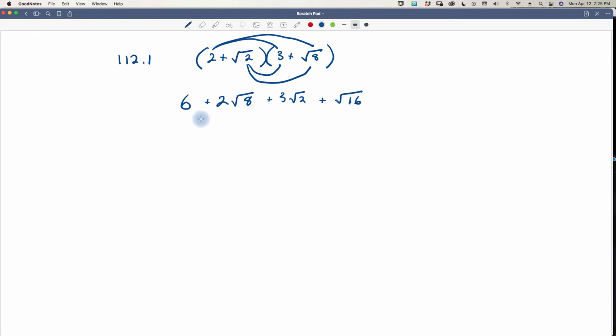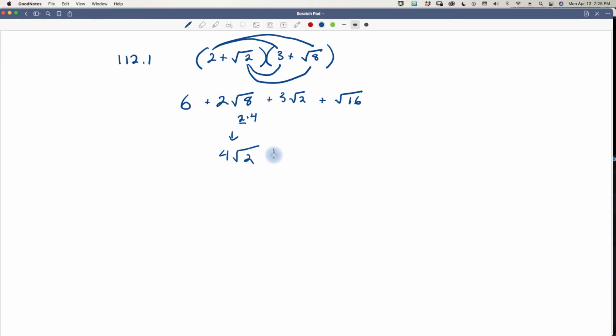Okay? All right, so let's see if we can simplify some of these radical expressions. We know that 8 is 2 times 4. 4 is a pair of 2s. It's a perfect square, so we can pull 2 out. So 2 times 2 is 4. So that leaves us with 4 times the square root of what's left, which is 2.